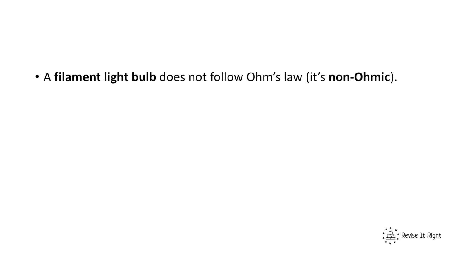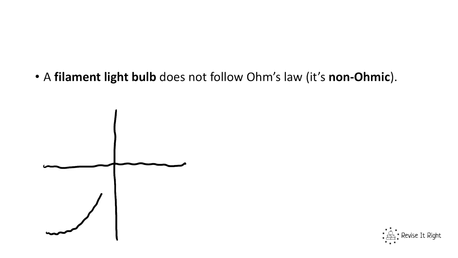Now, a filament light bulb does not follow Ohm's law, so we say it's non-ohmic. So if we were to draw the graph for our filament bulb, it would look something like this. As the voltage goes up, the temperature of the filament bulb will increase.